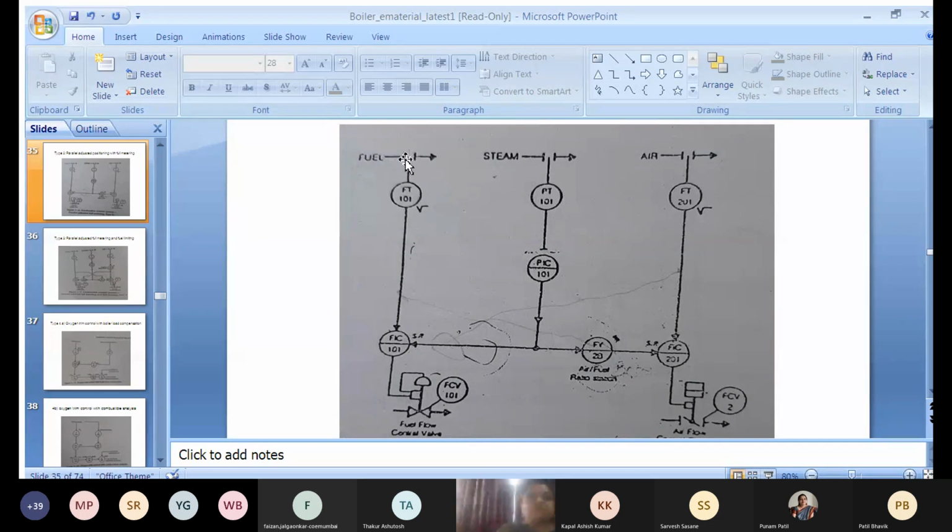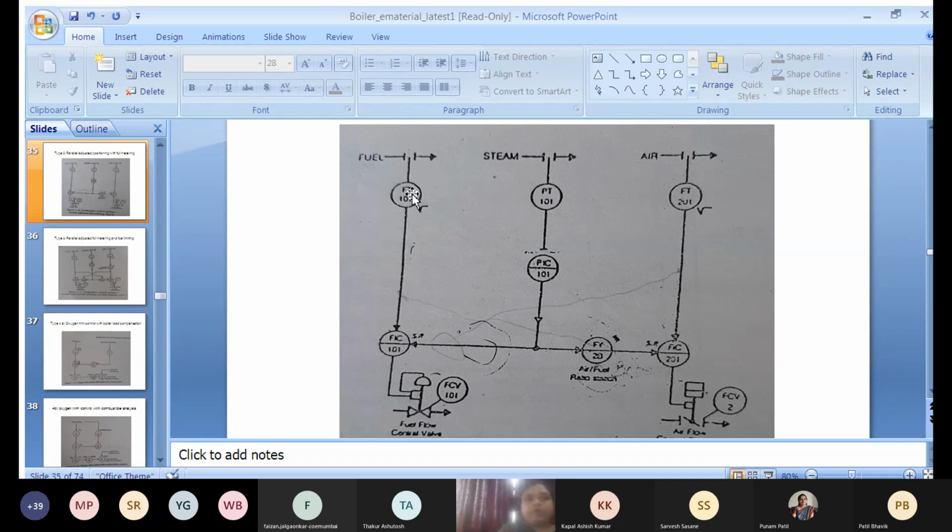ओके. So this is flow transmitter 101. It measures the flow of the fuel line and transmits the signal after linearization. It transmits the signal to FIC 101. That is a flow indicator controller. Actuating signal is generated. Here also airflow is measured with FT201 and linearized signal is given to FIC 201.